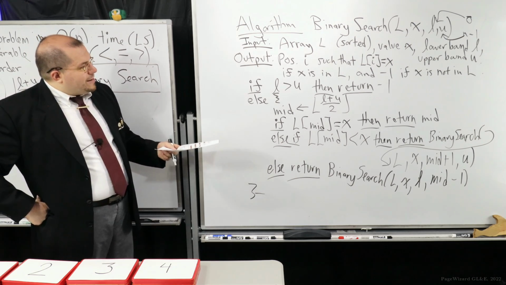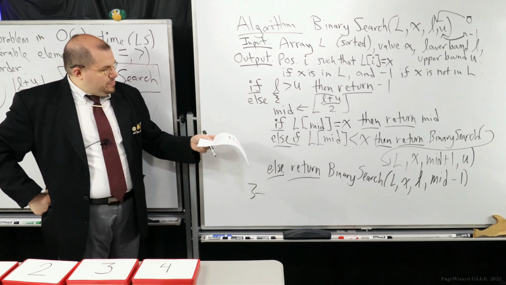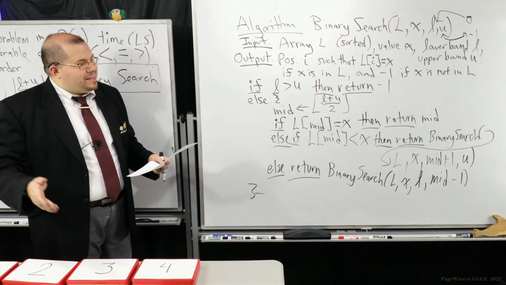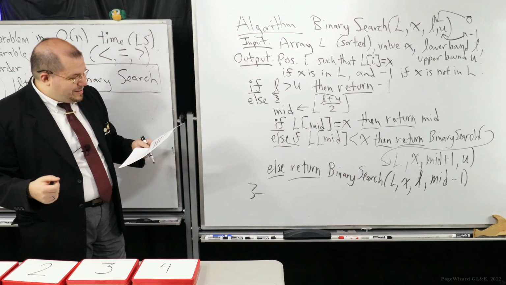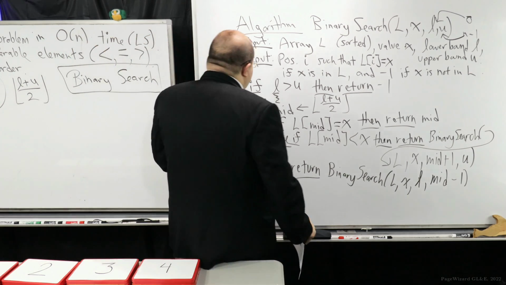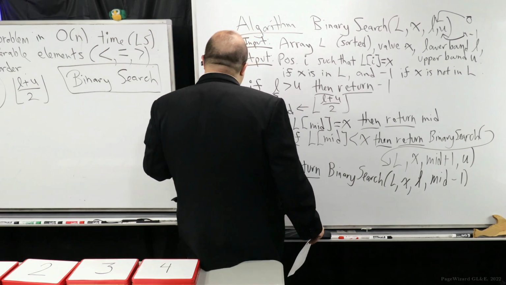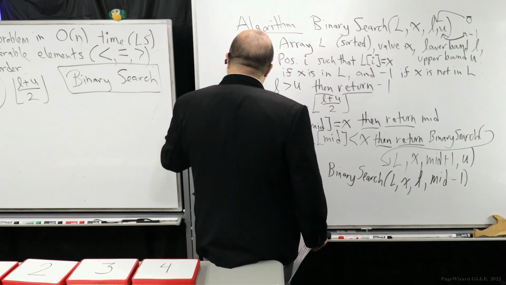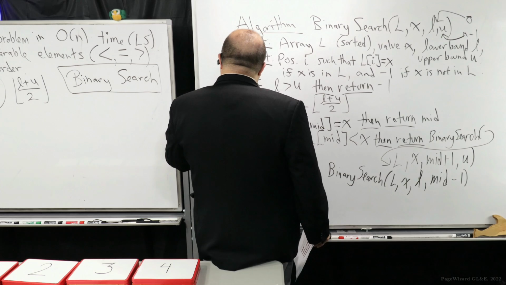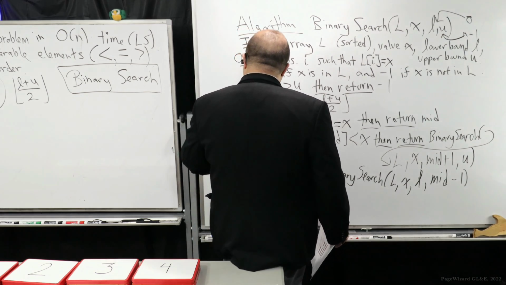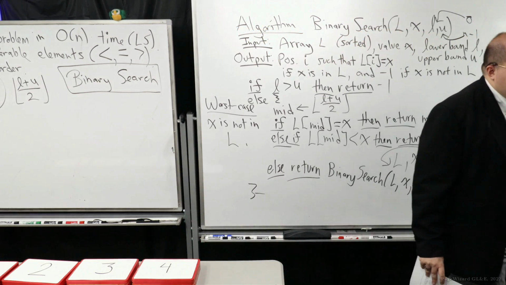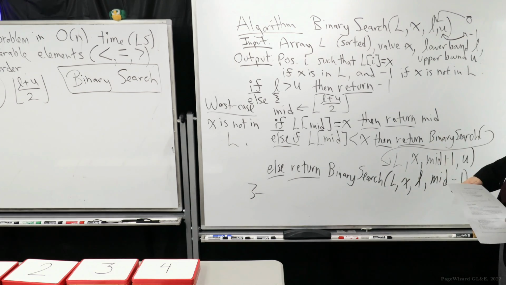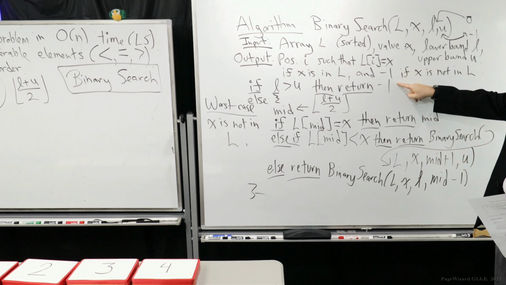The point is that every time I make a guess, there's a possibility it's not going to be equal to X. So naturally, if I want to make the maximum number of recursive calls happen, the worst case is simply when X is not in L. Akin to linear search, but notice that this will cause us to have to go all the way through all of this work until we reach this point.